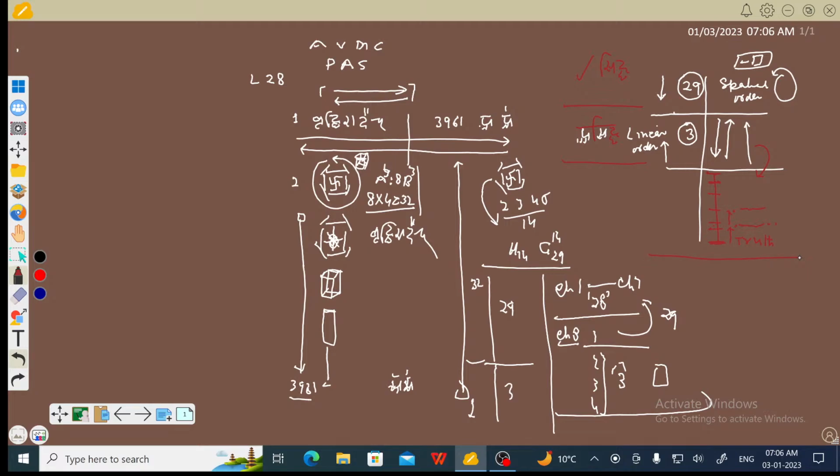of how, when we have a spatial order and linear order both available within a spatial order, then this order and this order are of distinct nature.